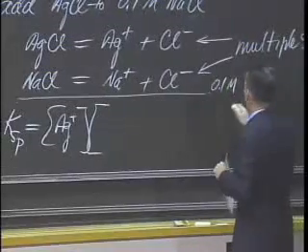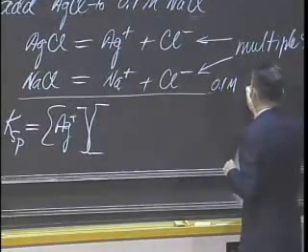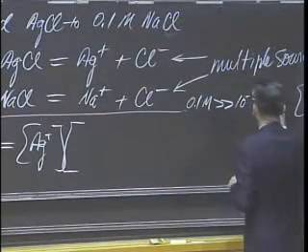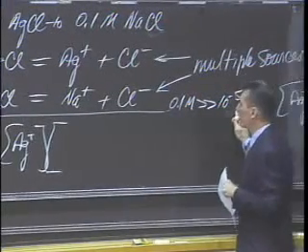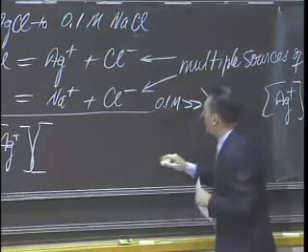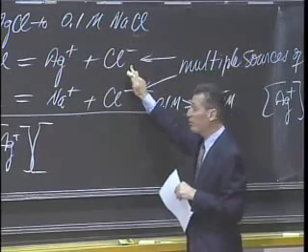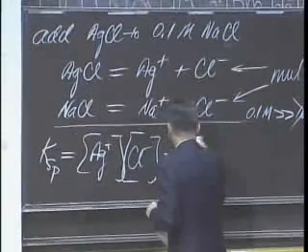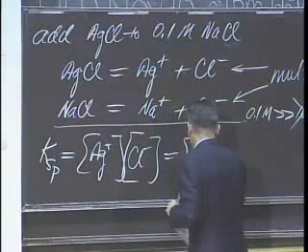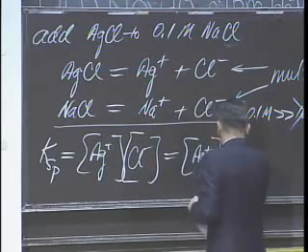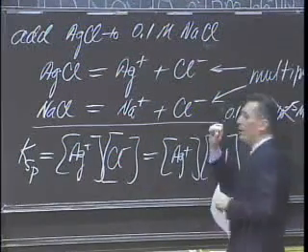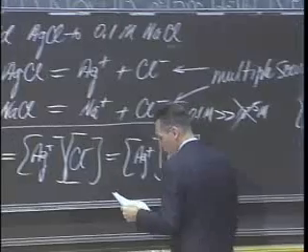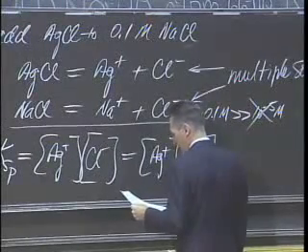So I'm going to assume that 10 to the minus 1 molar is so much greater than 10 to the minus 5 molar, which is what we got in pure silver chloride, that I'm going to neglect the contribution of chloride ion from silver chloride and say that the concentration of chloride ion is simply equal to 0.1, because 0.1 is so much greater than what is left over from the previous calculation.